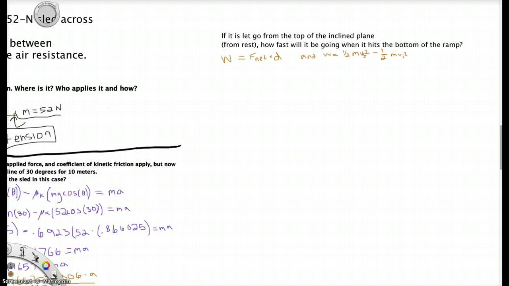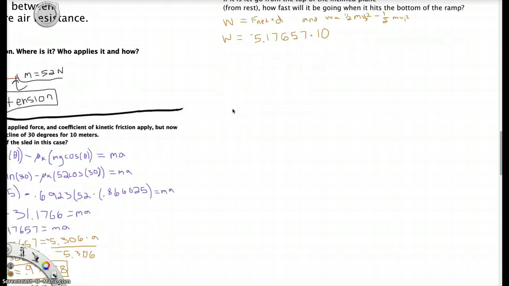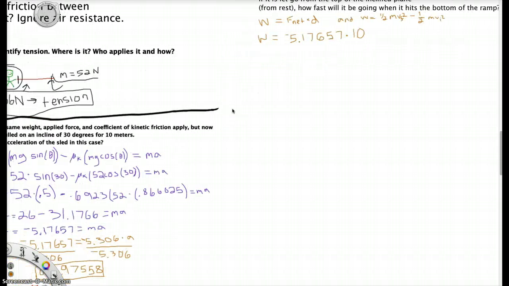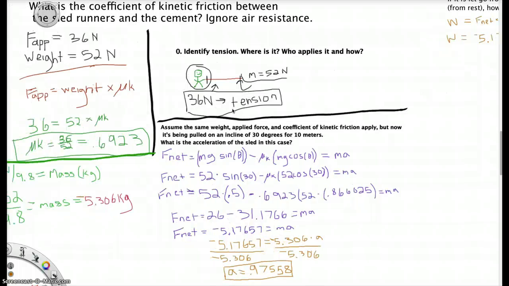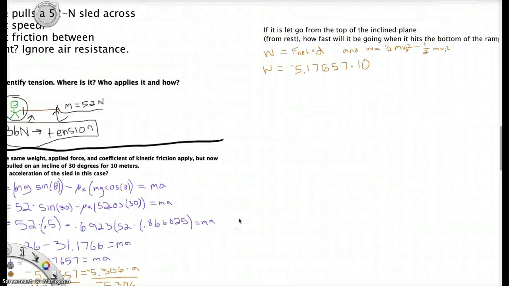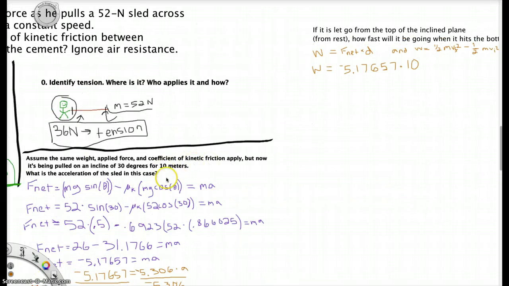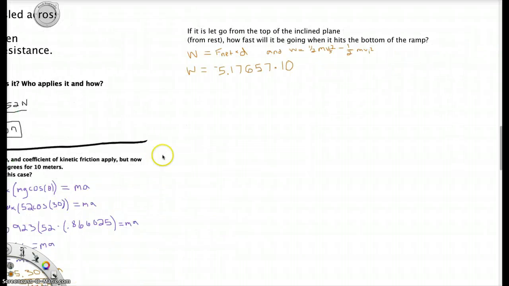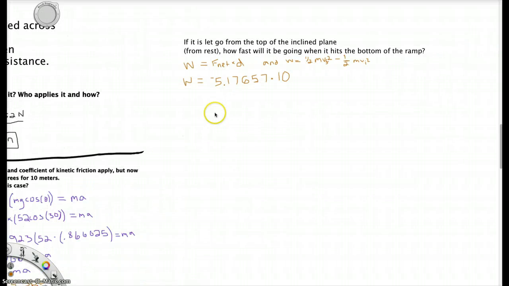Now let's plug in. 5.17657 is our F net, which we solved way back here. And 10, we got the distance from right here, because it's a following problem. Then we just simply multiply, and we get negative 51.7657. That's our work.